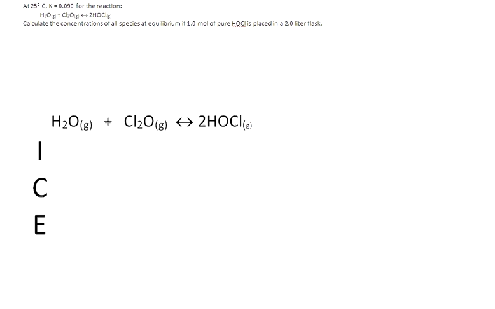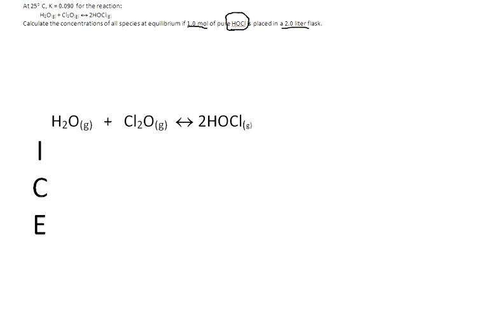And you're starting with 1 mole of pure HOCl being placed in a 2-liter flask. So, the first thing that we need to do is figure out what is the concentration of HOCl. They give us that it's 1 mole and it's in a 2-liter flask.